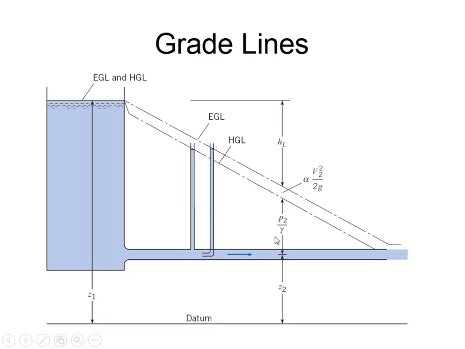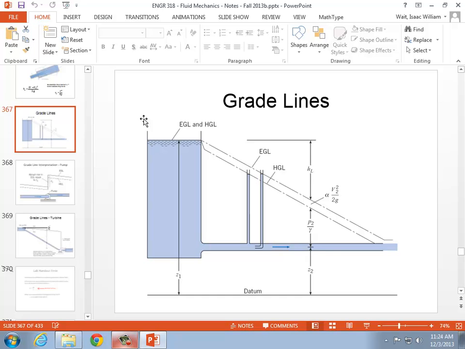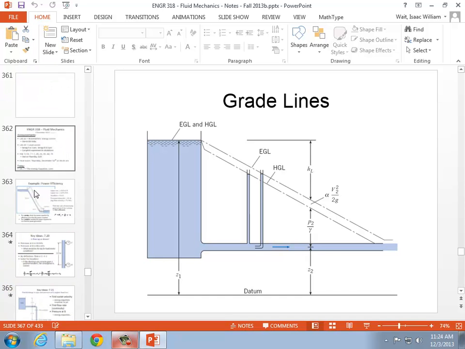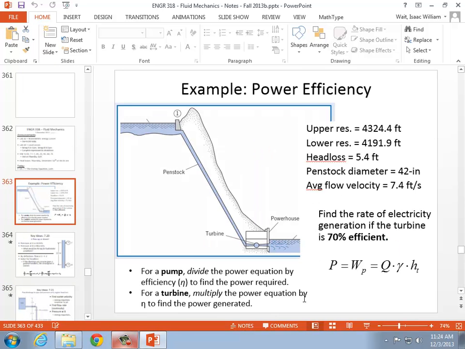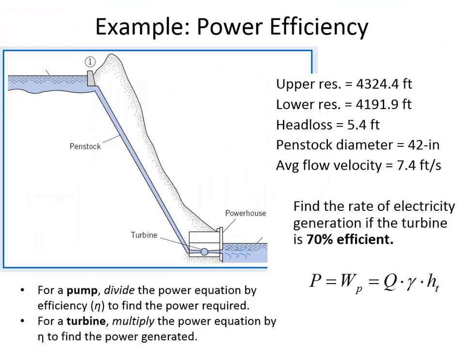And since you can measure that line in terms of feet, how high above some datum it is, what we're saying is, between 2 points, how much energy was lost due to the pipe friction. That's just what goes into that head loss term of 5.4 in the example. Does that answer your question? Hopefully it'll get more clear as we talk more about energy grade lines today. Other questions?